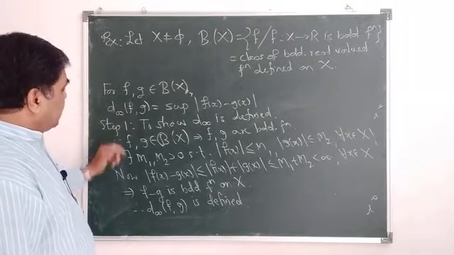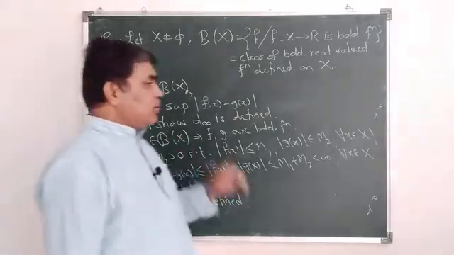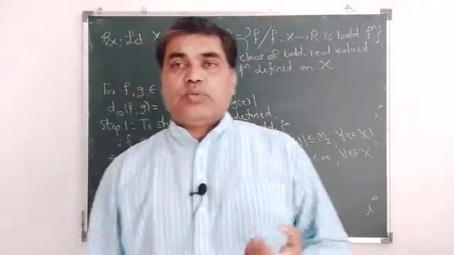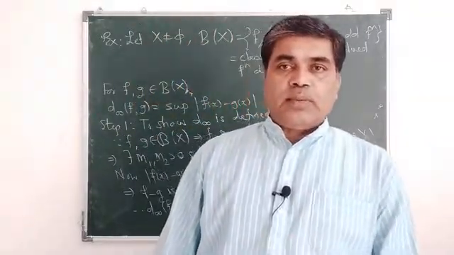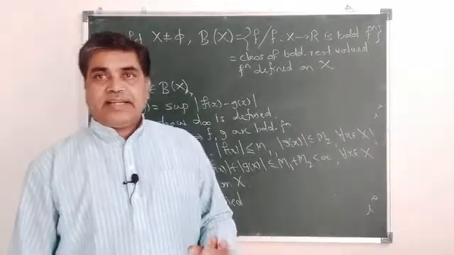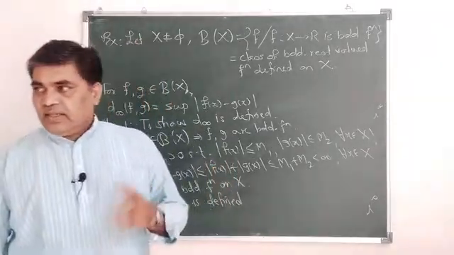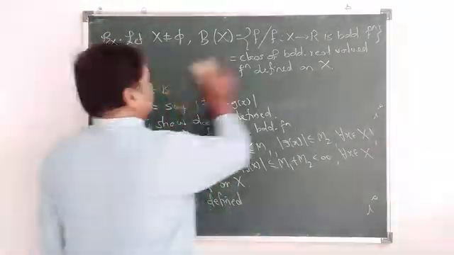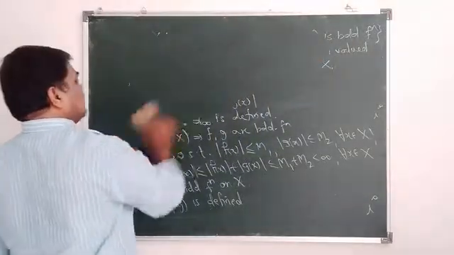Now we have to show that d infinity is a metric for B(X). This means we have to verify the axioms of metric: the positivity axiom, then symmetry and triangle inequality. We'll verify one by one.